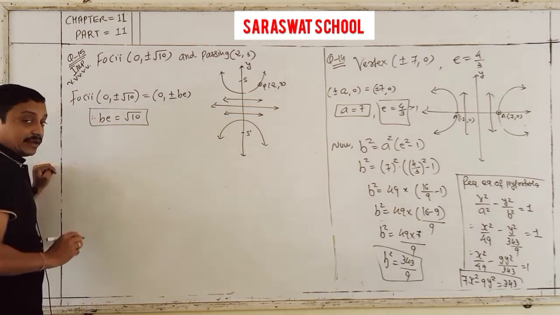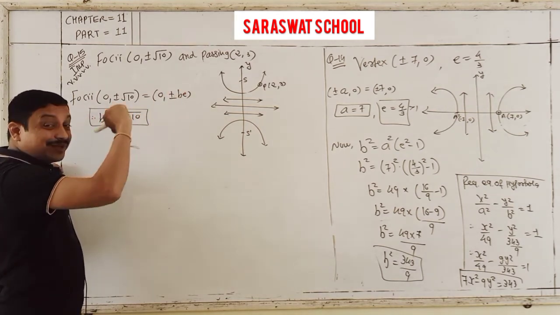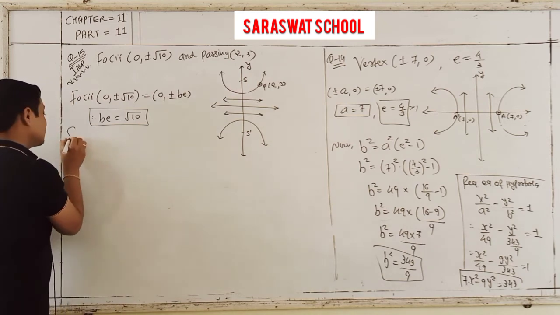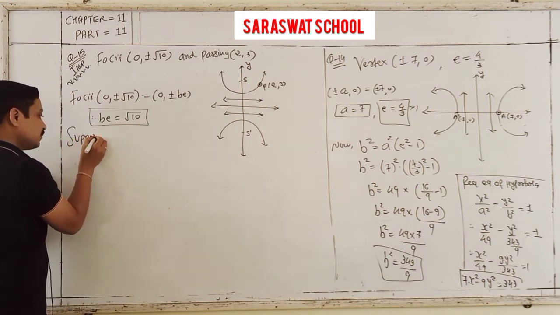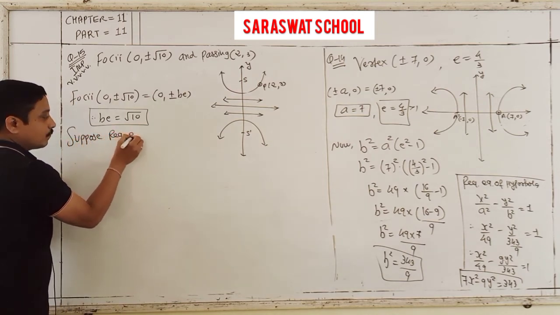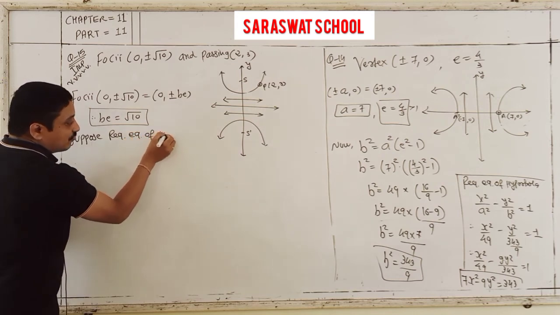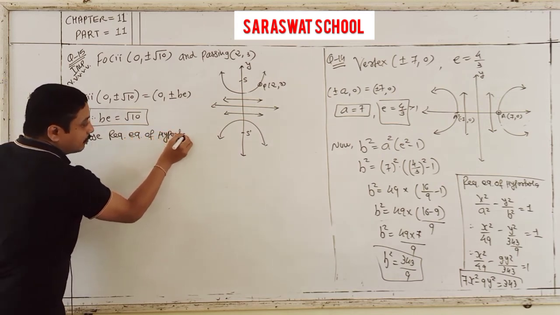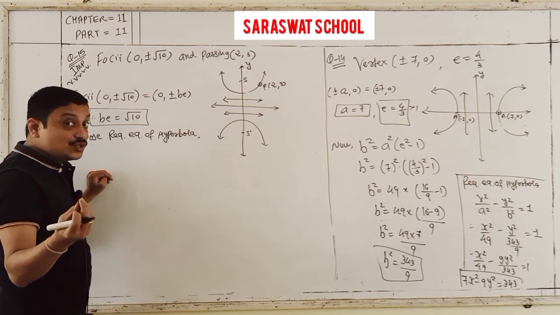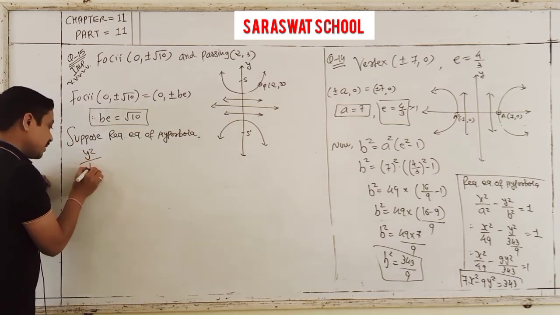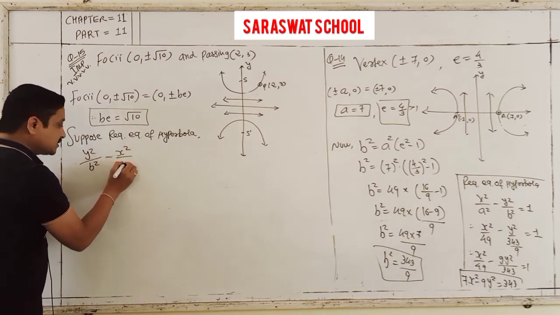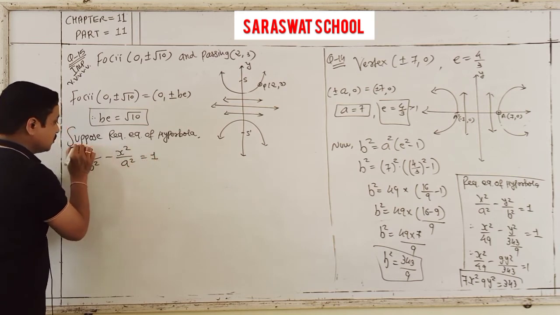Now check that the hyperbola is passing through the given point 2, 3. So suppose the required equation of the hyperbola is y square by b square minus x square by a square is equal to 1.